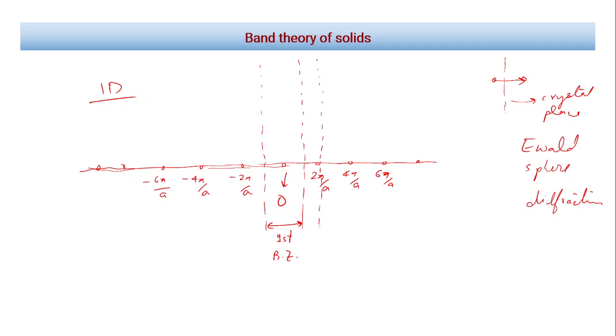Now the similar way we will do on this side also. This was the first nearest neighbor; the second nearest neighbor will be minus 4 pi by a, and half of it means minus 2 pi by a. That means this distance and this distance, not area because it's 1D, combined will give me the second Brillouin zone.